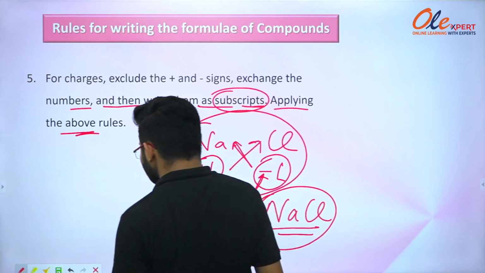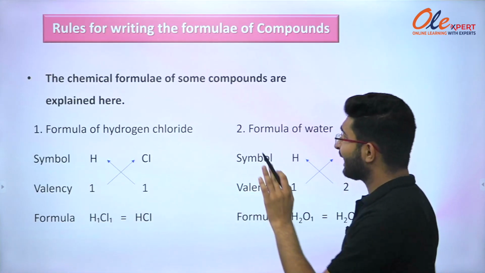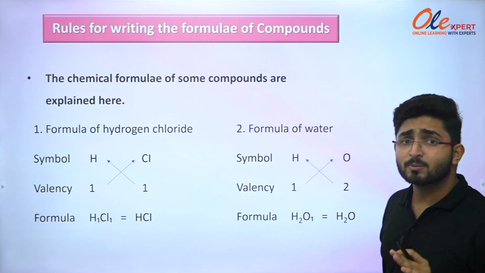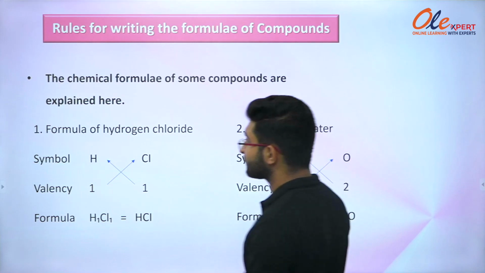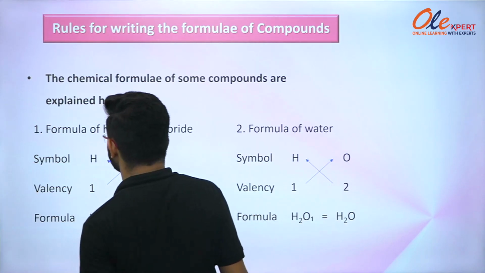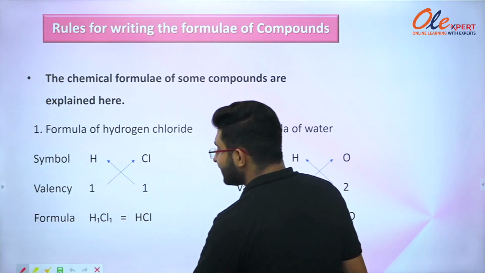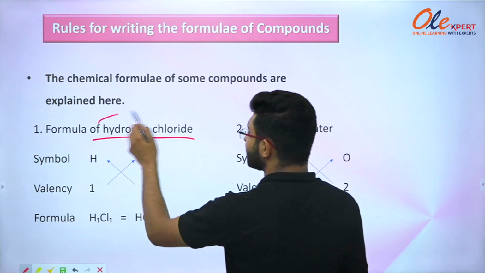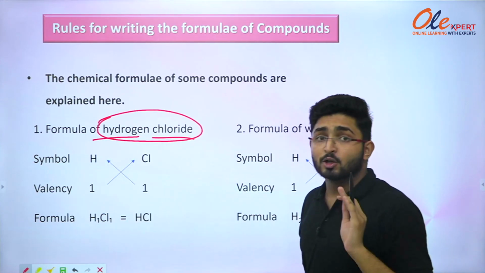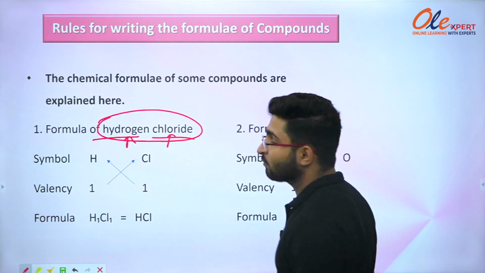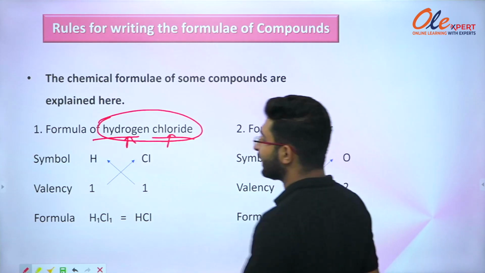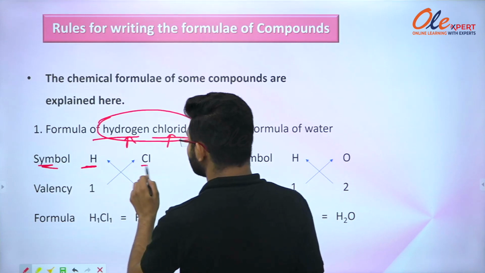Now we are moving to the chemical formulas of some common compounds that are on your screen. The first compound you can see on the screen is hydrogen chloride. In the case of hydrogen chloride, firstly know the composition. Here hydrogen and chlorine are involved in this compound. So you write the symbols of hydrogen and chlorine.